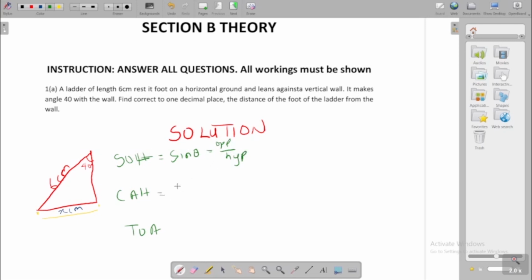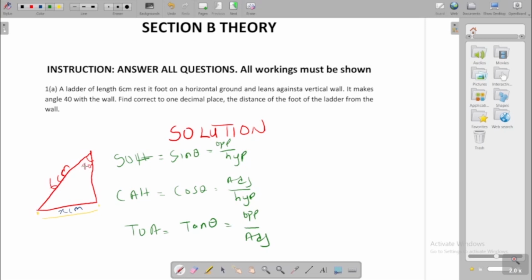The C represents cos theta, which is adjacent over hypotenuse. The T represents tan theta, which is opposite over adjacent. The hypotenuse is the longest side of the triangle, because we're having a triangle here.